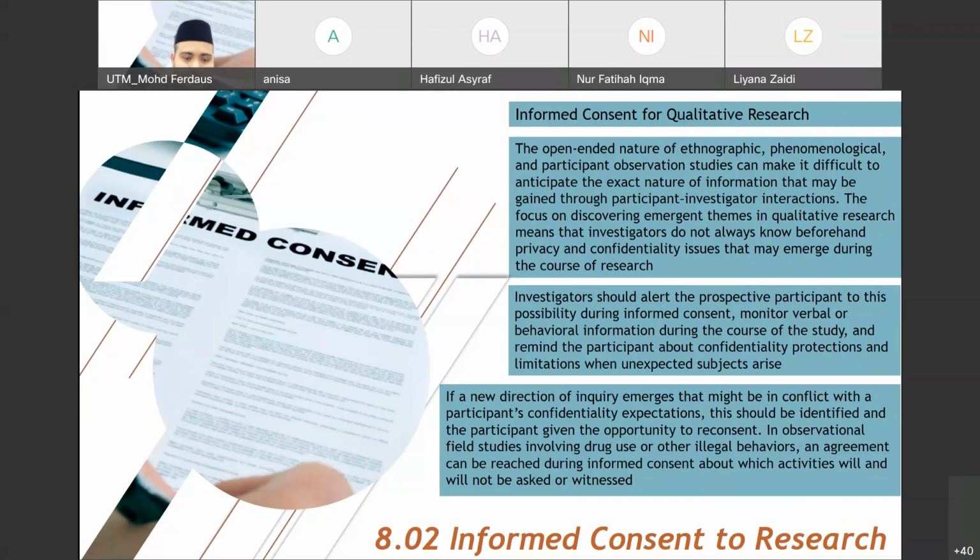If it's not aligned, you need to ask again for confirmation of consent, approval. If it's not approved, then you need to stop the conversation. In observational field studies involving drug use or other illegal behaviors, an agreement can be reached during informed consent about which activities will and will not be asked about or witnessed.